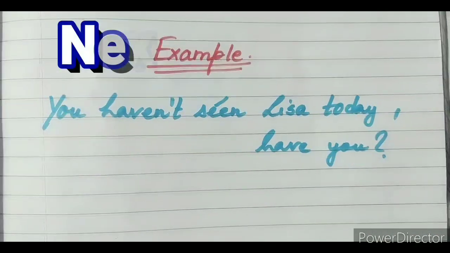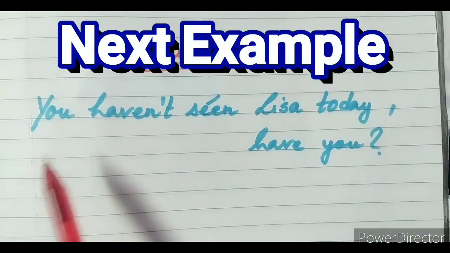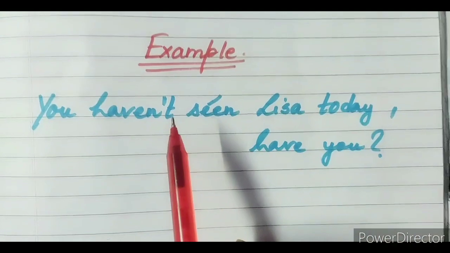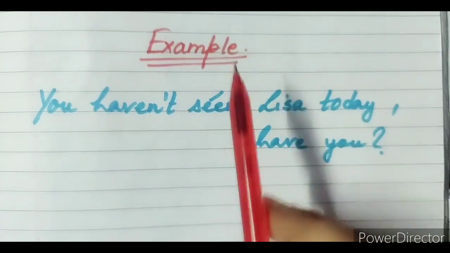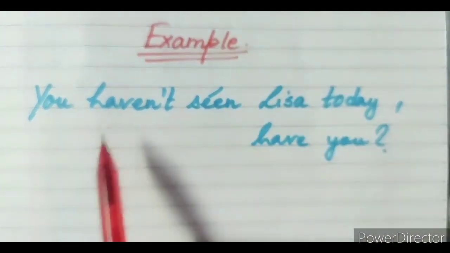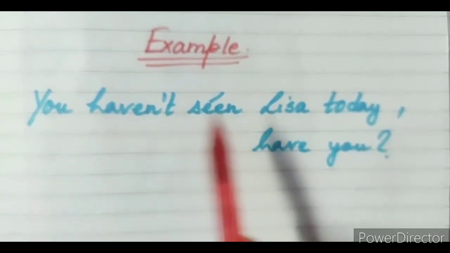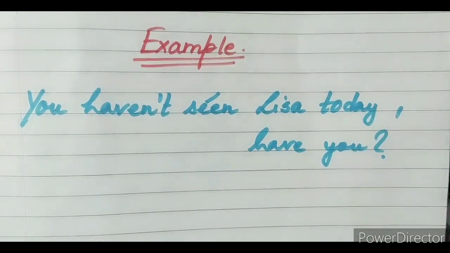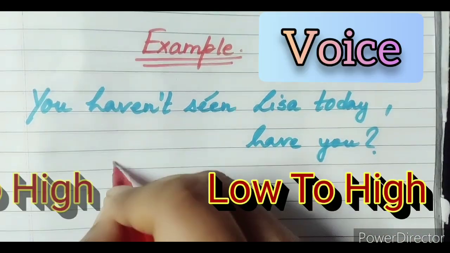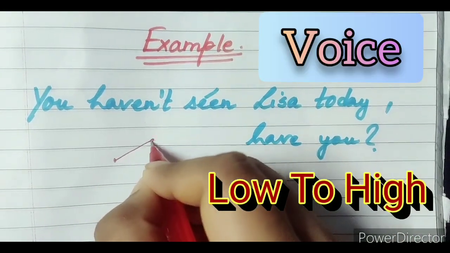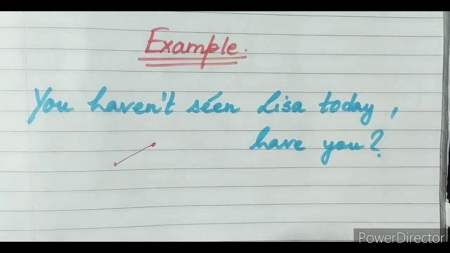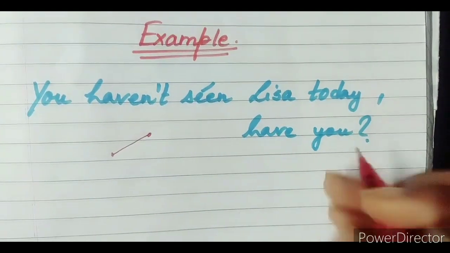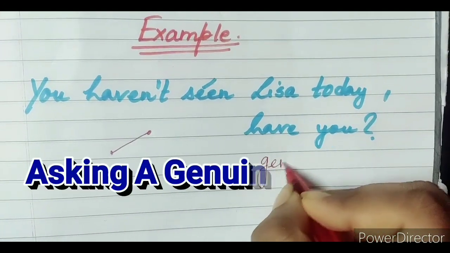Understood? Now children, let's look into another example that we have over here. You haven't seen Lisa today, have you? Now did you hear the way I spoke? I repeat again. You haven't seen Lisa today, have you? So you saw that my voice is going from low to high. Why is it so? It is because I am asking a genuine question.